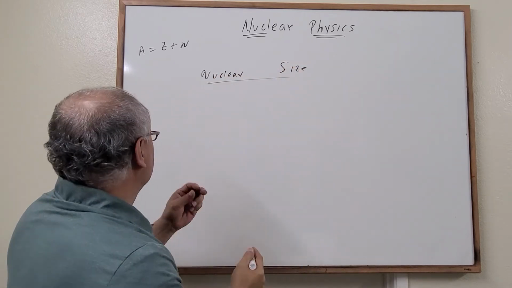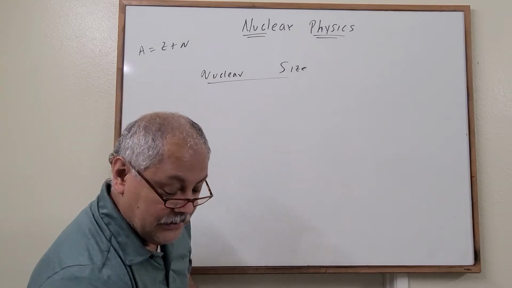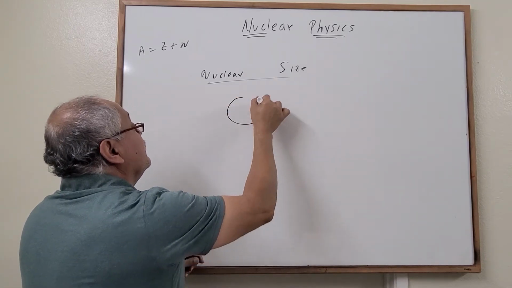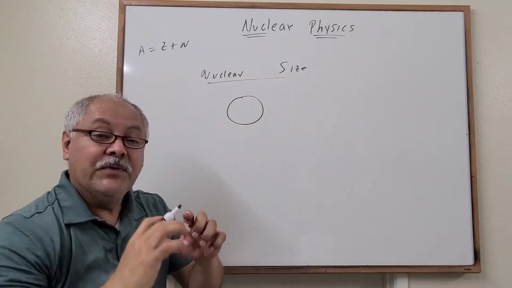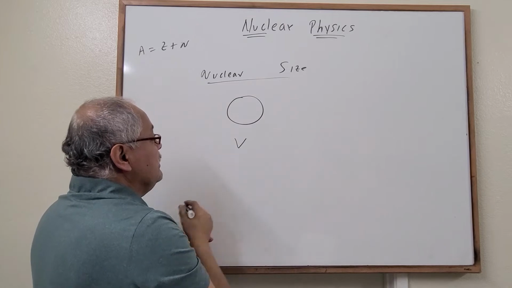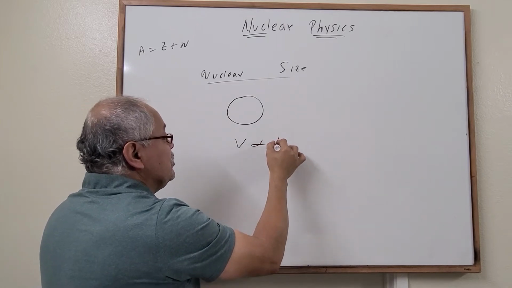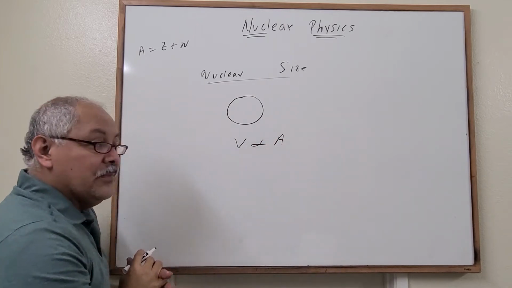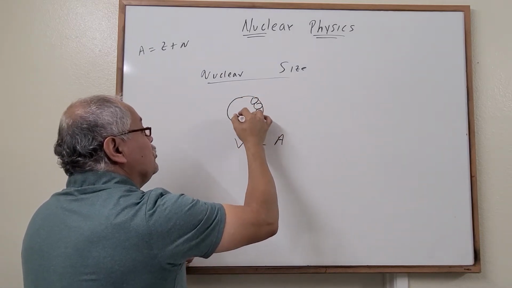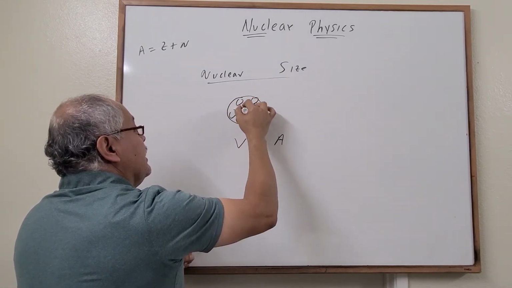We know that the nucleus is very close to a spherical shape, correct? So we have a volume. This volume is proportional to the number of particles, protons and neutrons inside of the nucleus.